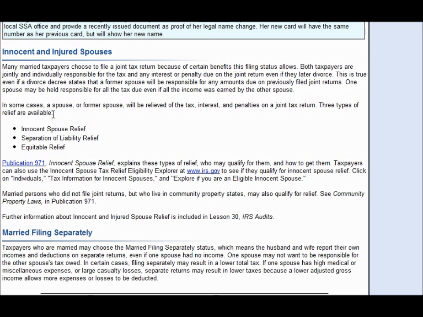In some cases, a spouse or former spouse can be relieved of the tax, interest and penalties on a joint tax return. 3 types of relief are innocent spouse relief, separation of liability relief, equitable relief. Note, extra publications, such as 971, can always be found on www.irs.gov.